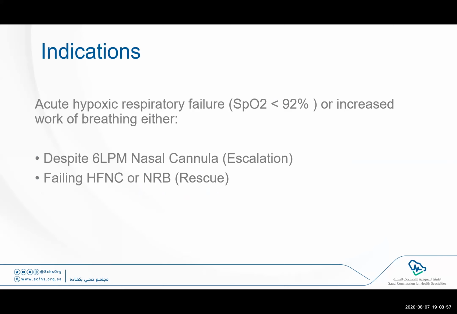When you're facing a patient who's saturating less than 92%, or at an increased work of breathing state, either despite receiving nasal cannula or a face mask, so you escalate to the helmet, or they are failing other positive non-invasive ventilation, such as the high flow nasal cannula or non-rebreather mask.